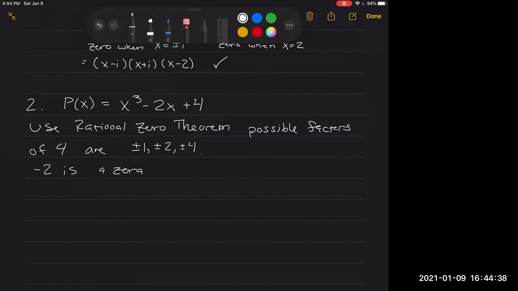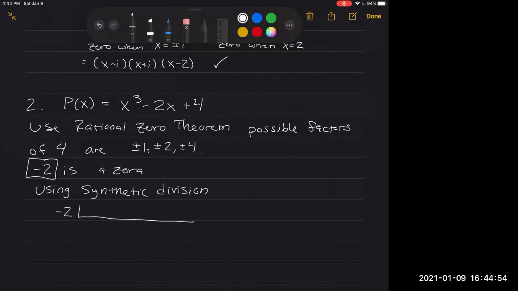But if we just start with -2, then using synthetic division, we get -2, and then we'll write the coefficients out. We get a 1, a 0, a -2, and a 4. Bring down our 1, we multiply, we add, we multiply, we add, we multiply, we add. And so this checks out.